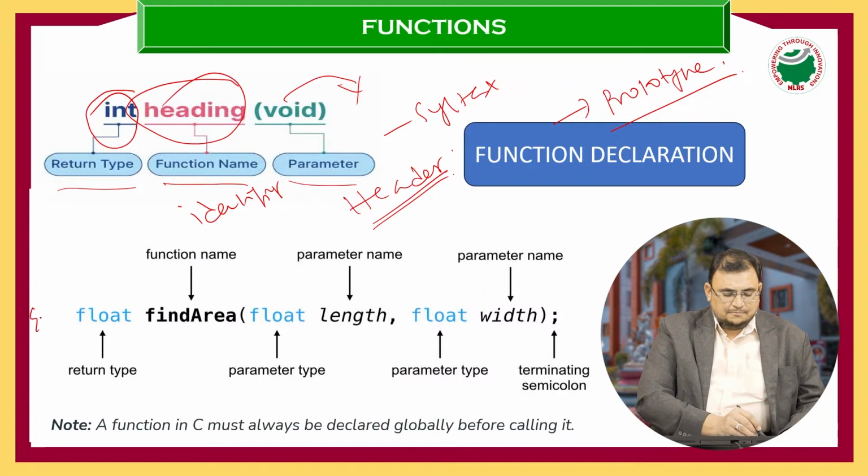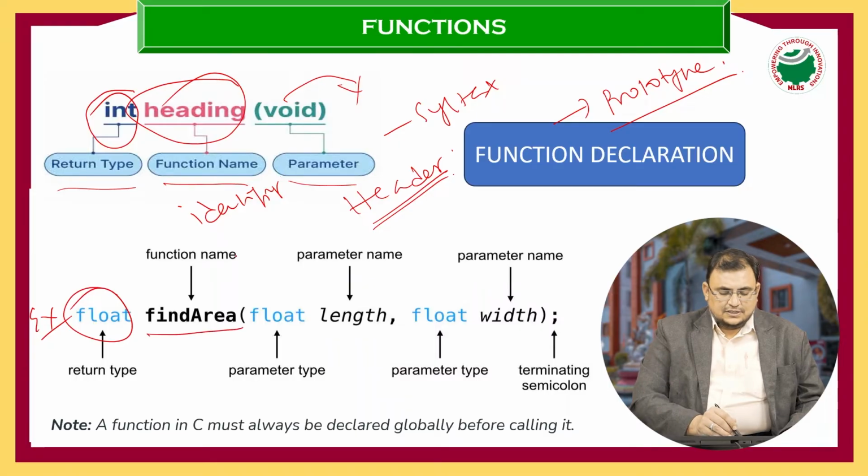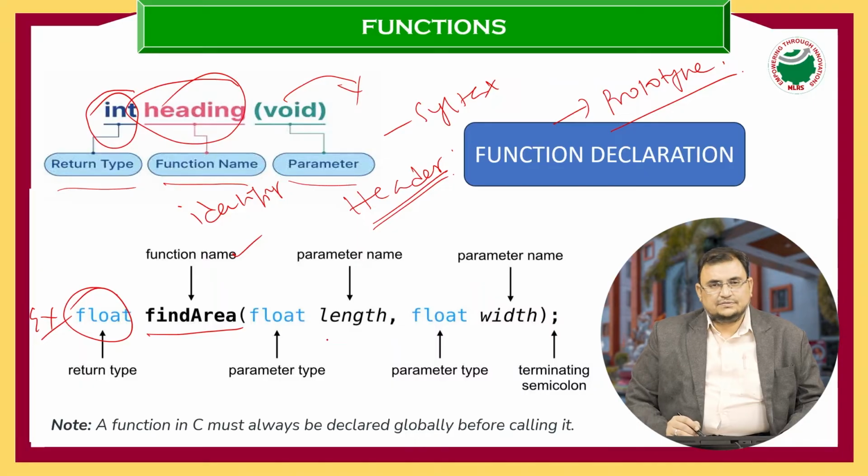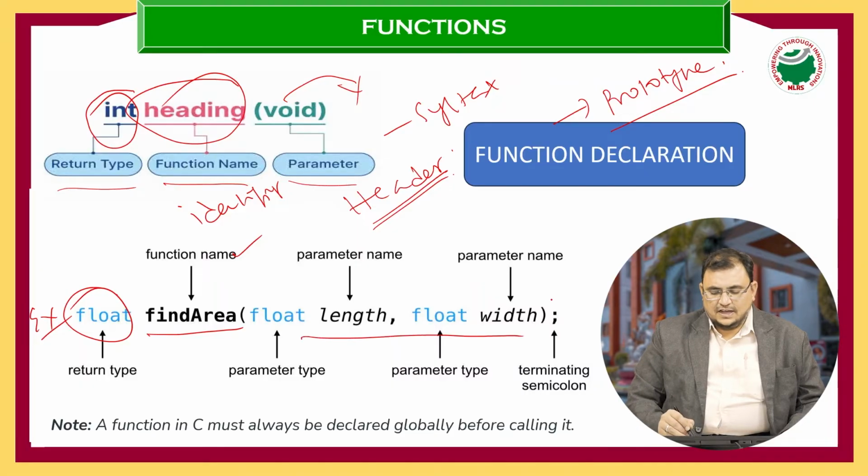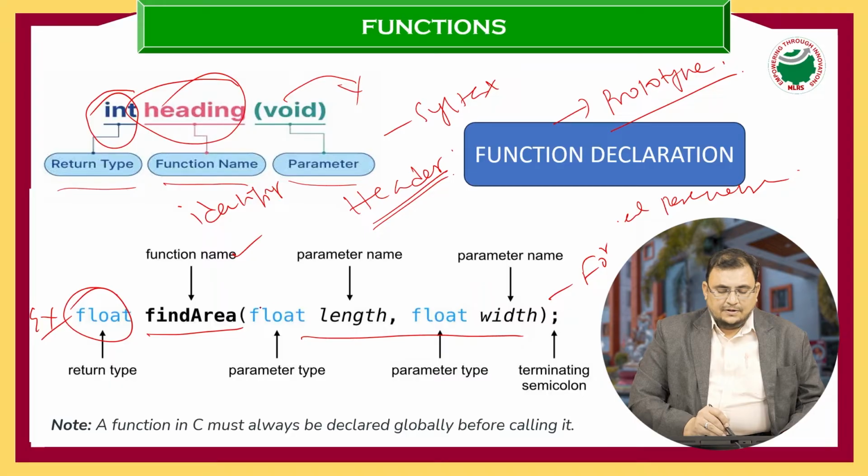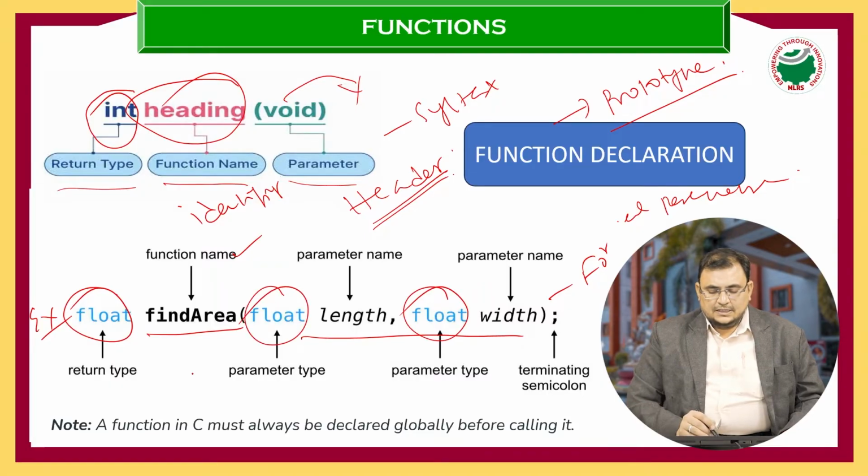In this example, the return type is float, and the name of the function is findArea, and we are passing two parameters. These parameters are called formal parameters, and each parameter is identified by a type, a data type, and each parameter is separated by a comma, and this declaration must end with a semicolon.